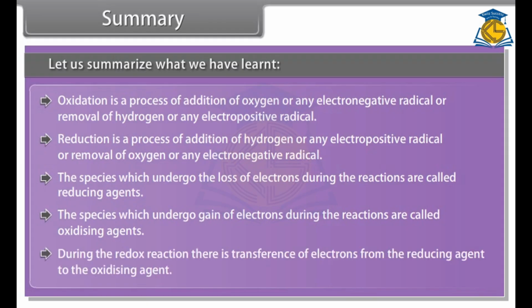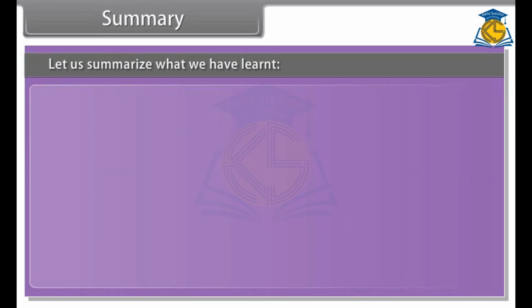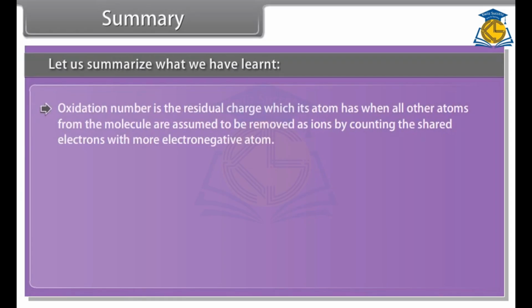During the redox reaction, there is transference of electrons from the reducing agent to the oxidizing agent. Oxidation number is the residual charge which its atom has when all other atoms from the molecules are assumed to be removed as ions by counting the shared electrons with more electronegative atom.